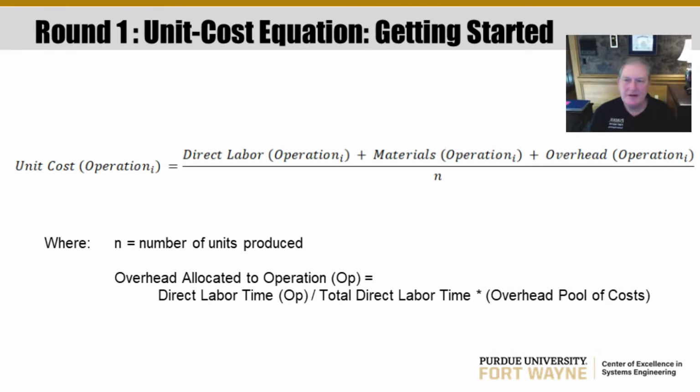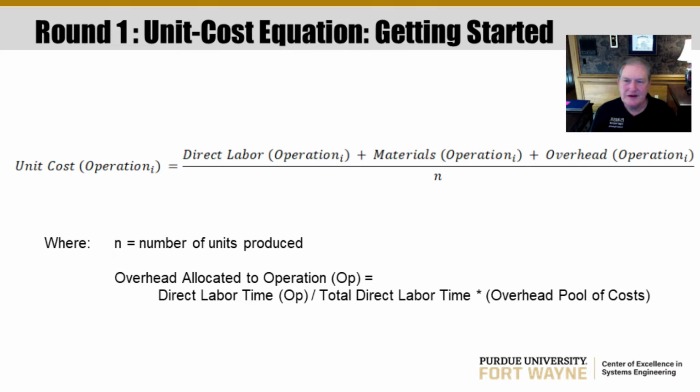This graphic illustrates the unit cost equation. It is focused on the unit cost of an individual operation, or piece part cost, dollars per unit, of a single operation in the factory. So for example, an operation would be assembly or fabrication.